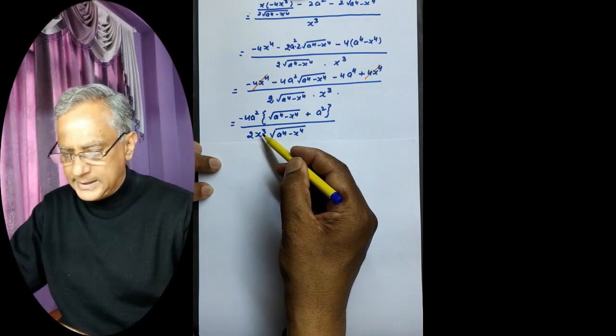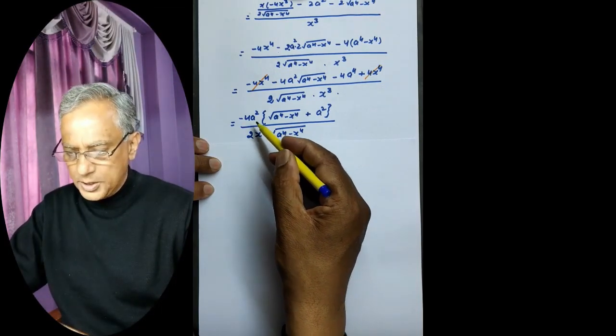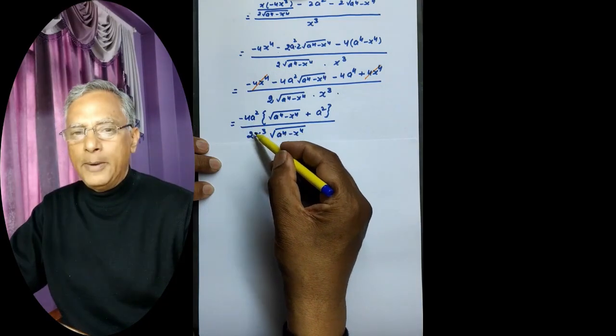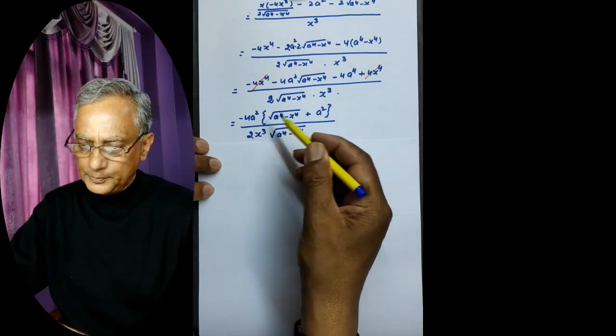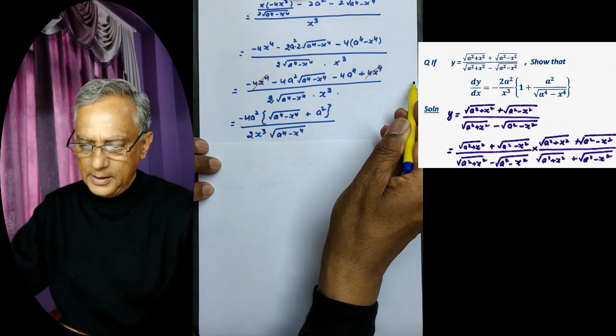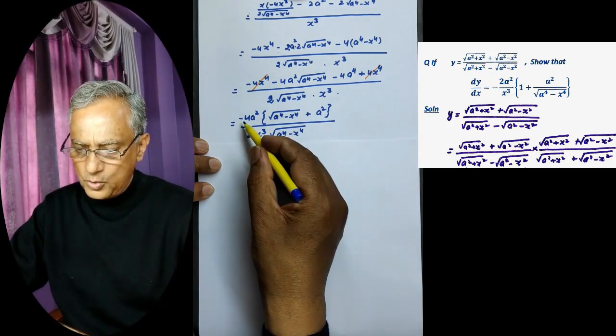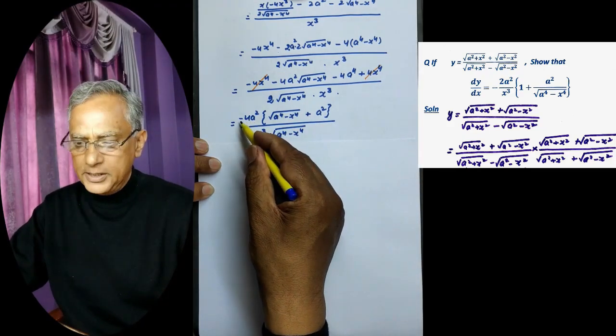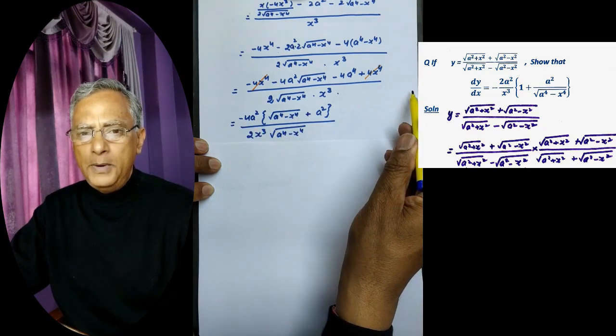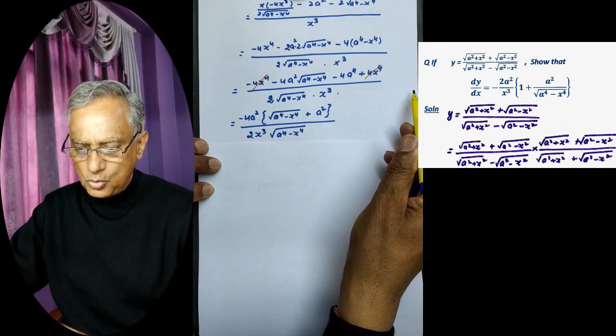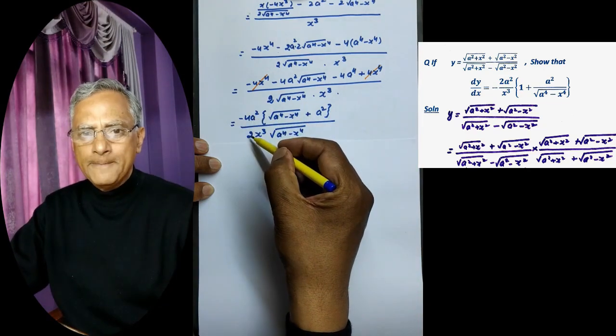Now what we see is in the question we have to prove that dy by dx is equal to this much. That is, we have to take 2 cancels and we have to take minus 2a² by x³ common.